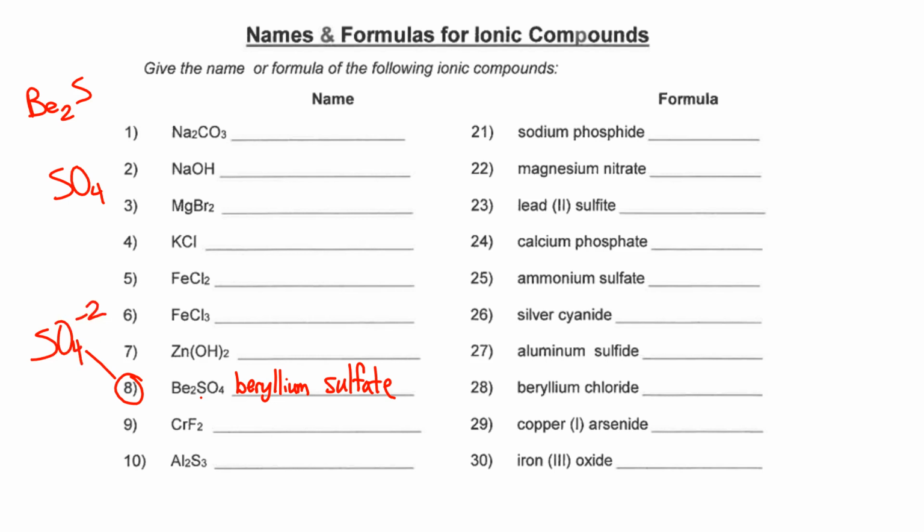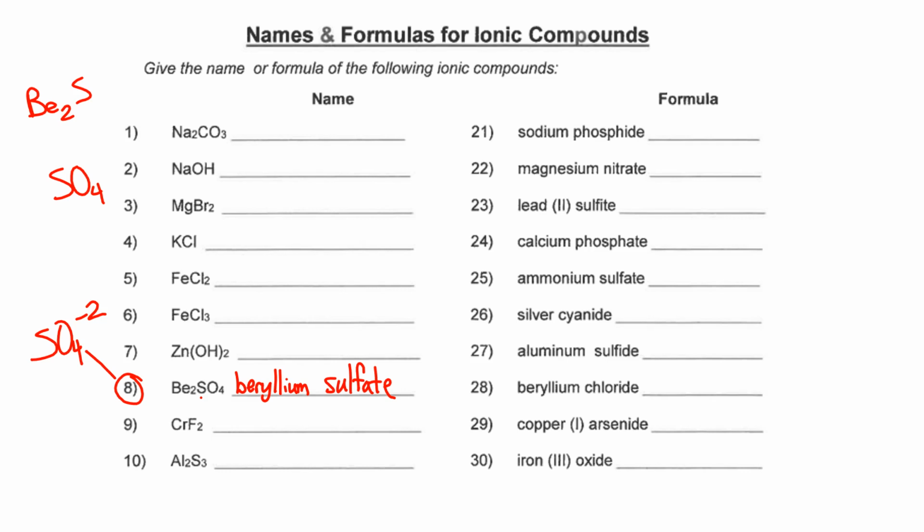So sulfate is SO4 with a -2 charge. That compound on the sheet is actually wrong. It should just be BeSO4.